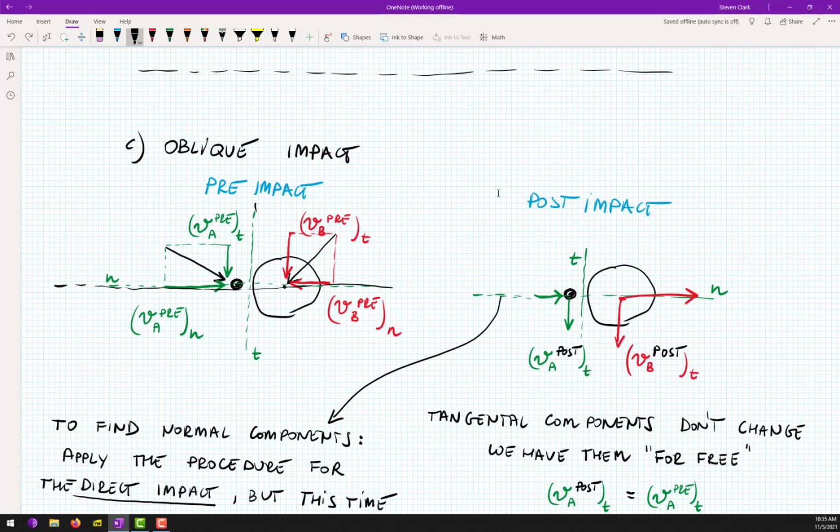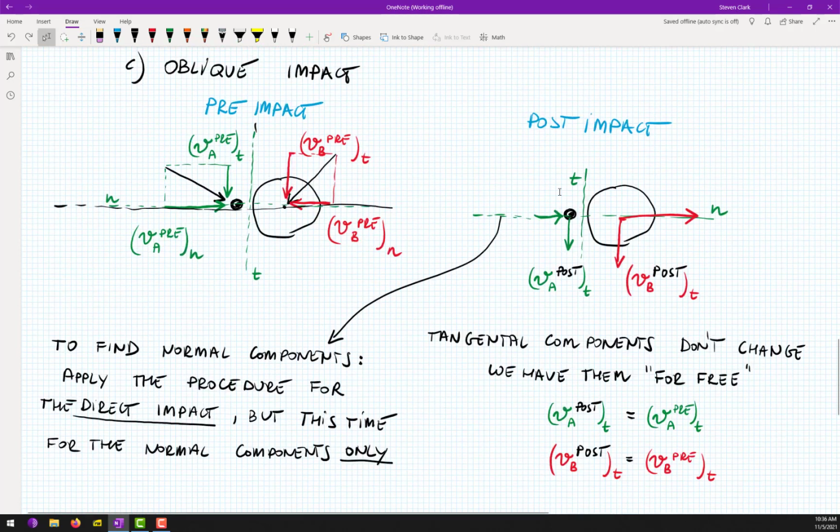And if you do that, you have something for free. These velocities post-impact are exactly the same as their counterparts pre-impact. So the velocities along the tangential direction, we have so-called for free. You have their values.